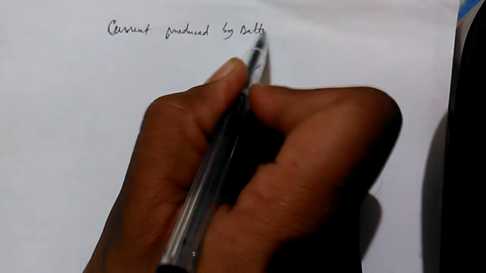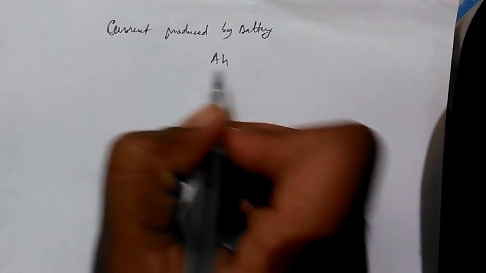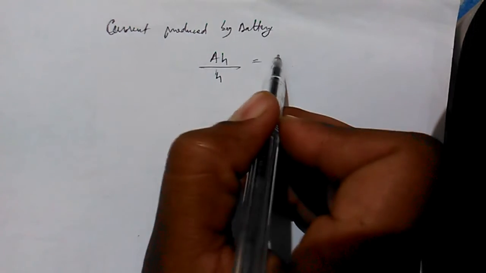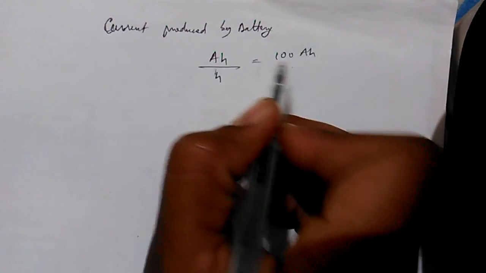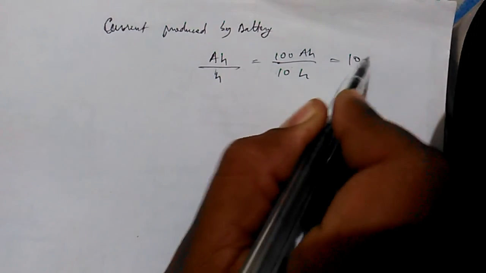So next is current produced by the battery. Suppose it is so many Ah over hours. Suppose it is 100 Ah and we use the battery for 10 hours, so it will give only 10 amperes per hour.